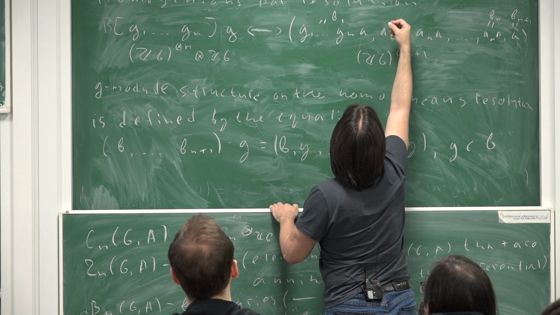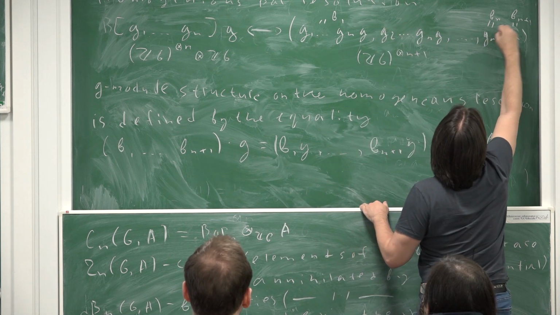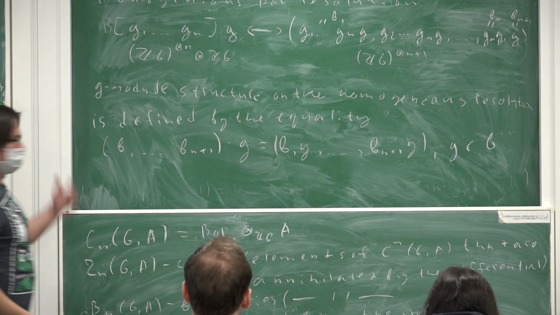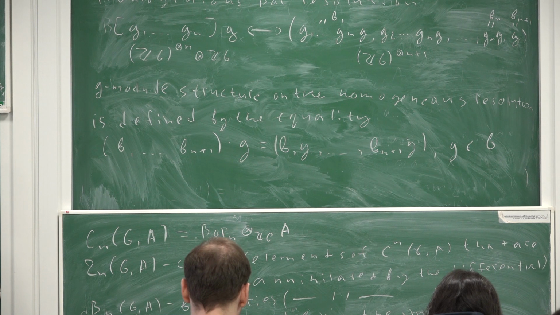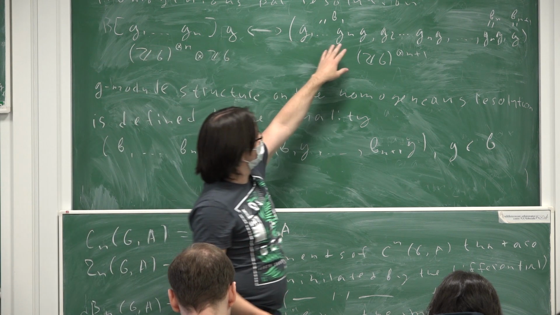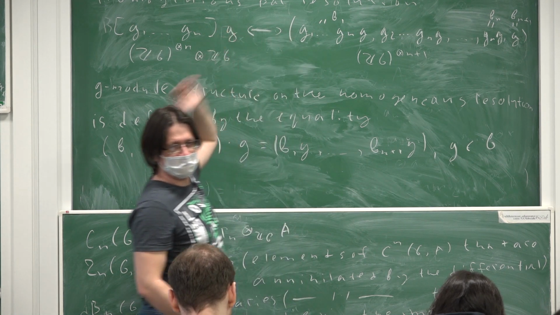So such elements constitute a Z basis of Bn. So we can define a map of Z modules in this way.